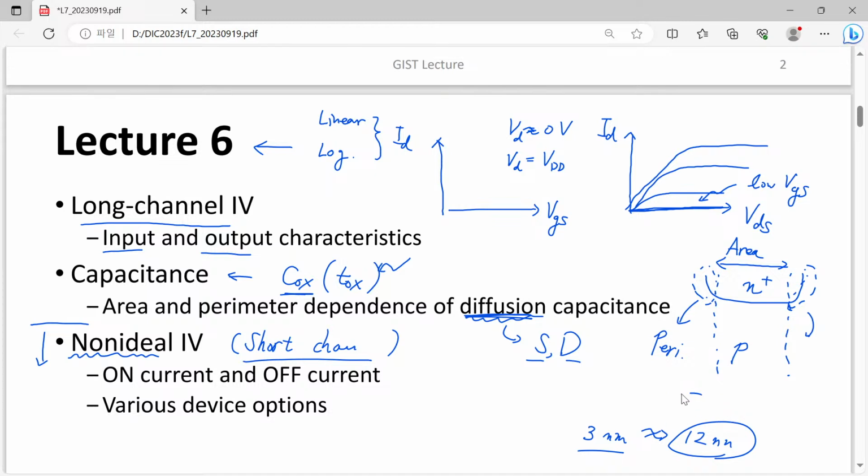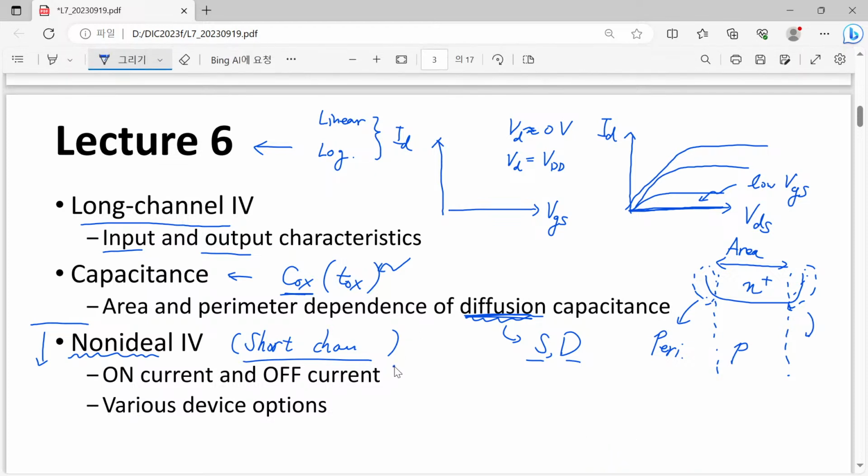However, unfortunately, we have not covered all of them, just the concept of on current and off current. Do you remember? On current means the current ID at VGS and VDS equal to VDD.